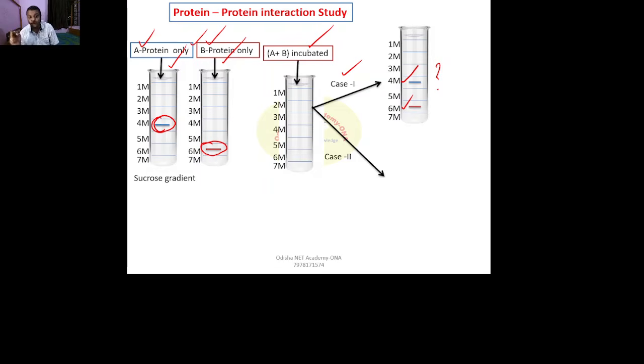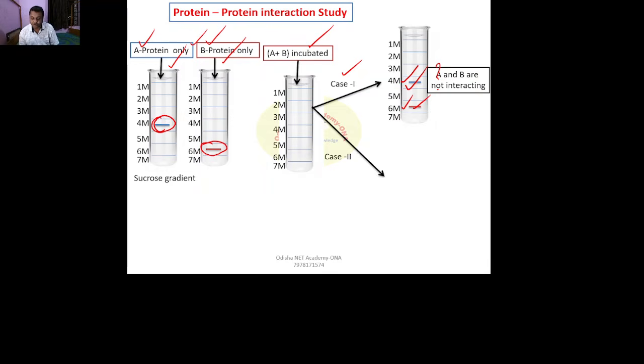See, if A and B interact, then both will join to form one component, that is a protein complex. So you may get one band. Instead, you are getting two bands, similar to reference A and similar to B. So the conclusion is A and B are not interacting.